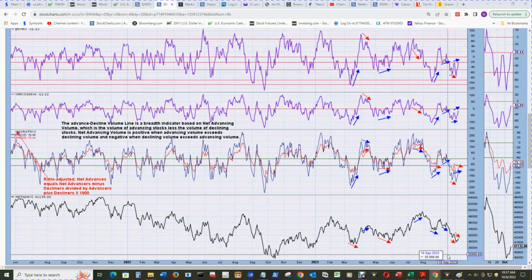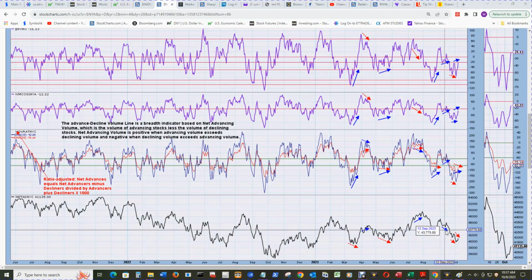So the previous instances, we were just looking at were opposite of normal mainstream thinking of the way these AD line and oscillator and price work. So you can see that there's a downwards trajectory in the AD line, but an upwards trajectory in the breadth and volume oscillators.